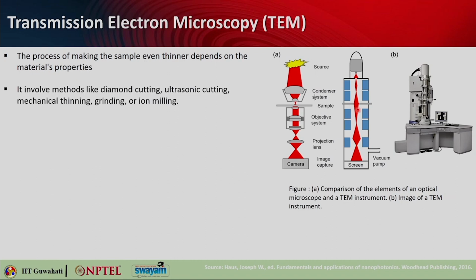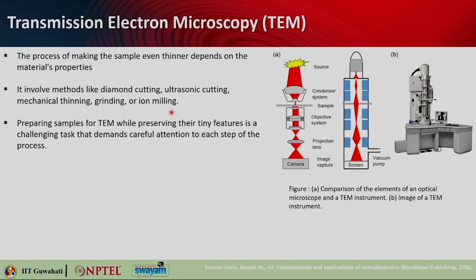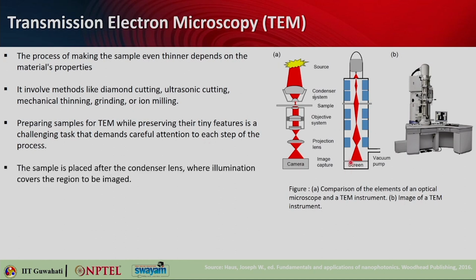So for every material you cannot actually make very thin slices. You can use different methods like diamond cutting, ultrasonic cutting, mechanical thinning, grinding, ion milling, and all these things. So preparing the sample for TEM is very important because you have to preserve the tiny features, as well as make it very thin so that you can image it through a TEM.